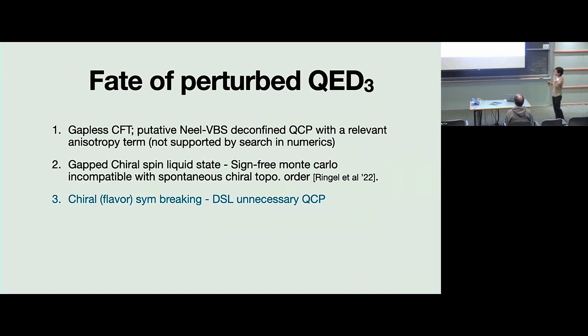And the second scenario is that it spontaneously breaks time reversal symmetry and enters into a chiral spin liquid phase, which is ruled out from the conclusion in this paper, which says that any problem that can be simulated in a sign-free manner, Monte Carlo, will rule out spontaneous time reversal breaking.